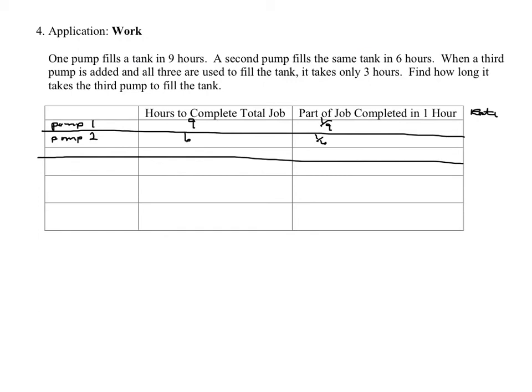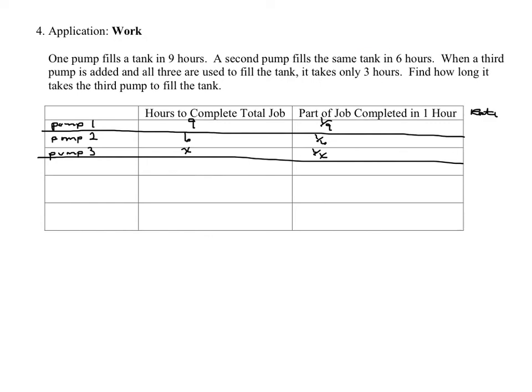Now pump number 3 is going on. It says when a third pump is added, all 3 are used to fill the tank. It only takes 3 hours. How long does it take for the third pump to fill the tank by itself? So hours to complete total job, we don't know. But the rate would be 1 over x. Perfect?